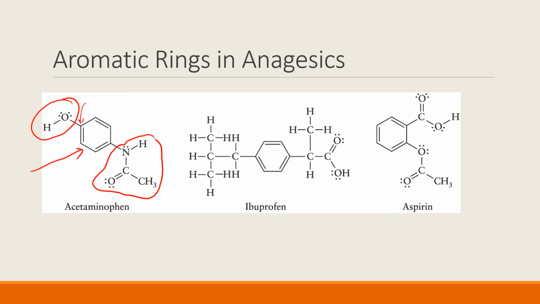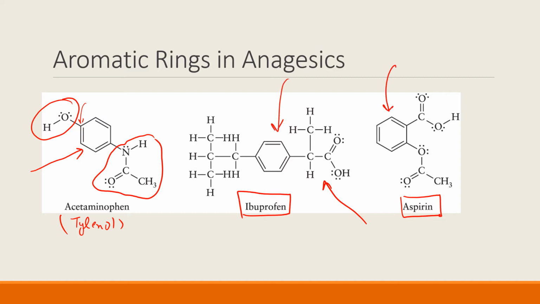All these examples are over-the-counter analgesic medicines such as acetaminophen, which is also known as Tylenol. This is the structure of ibuprofen, and finally on the right hand side we can see the structure of the aspirin molecule, and we can see that in all of these drug molecules we do have a benzene ring, and therefore all of these molecules fall under the category of aromatic hydrocarbons.